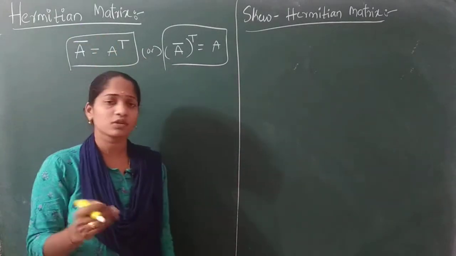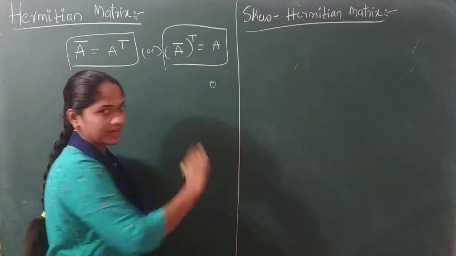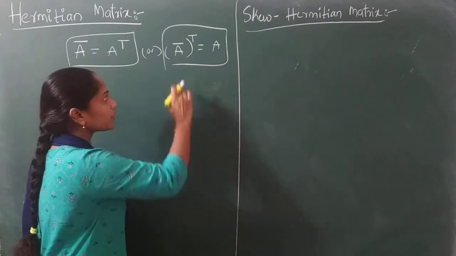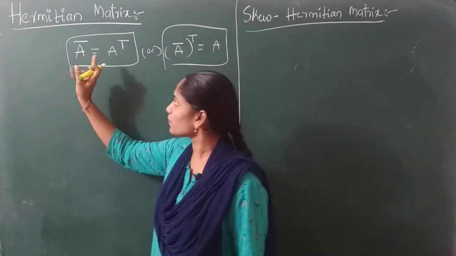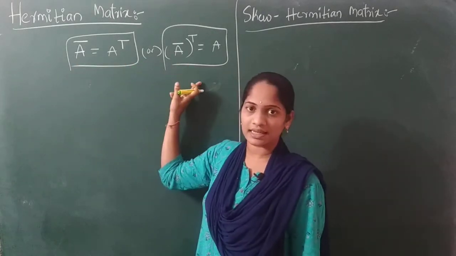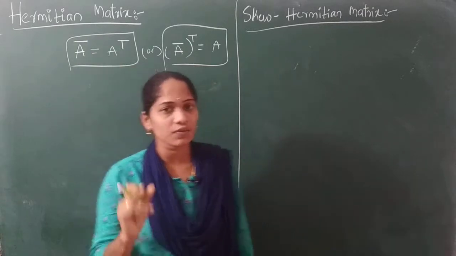In some textbooks, the conjugate is denoted with a different notation, but here I am denoting it with the bar symbol. Let's see one example.